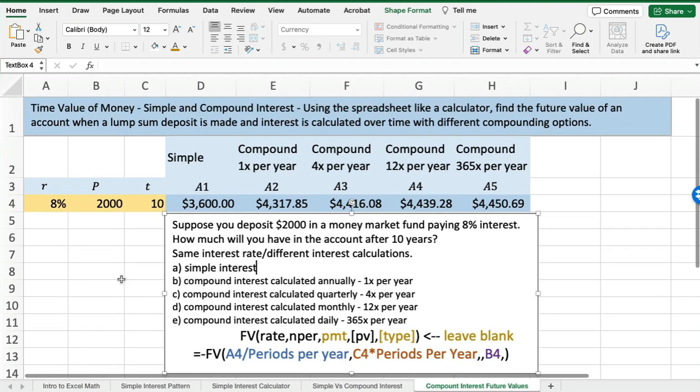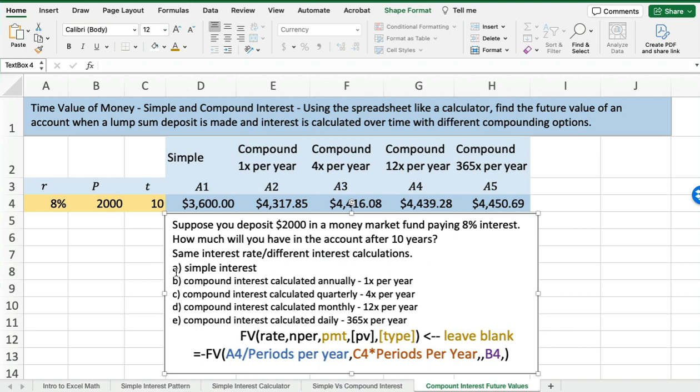So the problem that we're going to solve involves depositing $2,000 in a money market fund, paying 8% interest. And the question is, how much will you have in the account after 10 years? The problem is asking us to use the same interest rate under different interest calculations.